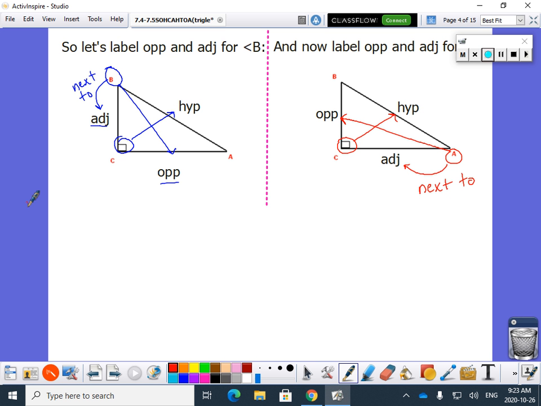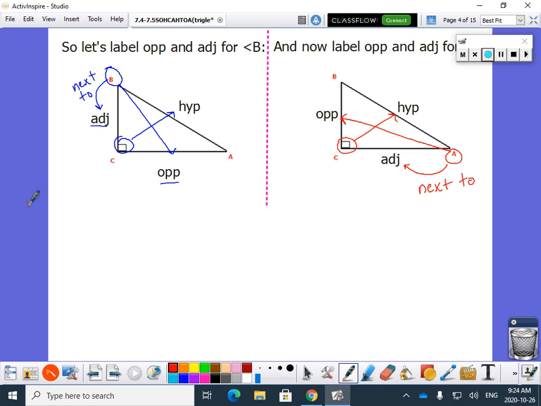How do we feel about that? Does that make sense? Okay, every single time. If we're looking at angle B, across from it is going to be opposite, next to it is adjacent. If we look at angle A, across from it is going to be opposite, next to it is going to be adjacent. Hypotenuse is always across from the right angle.